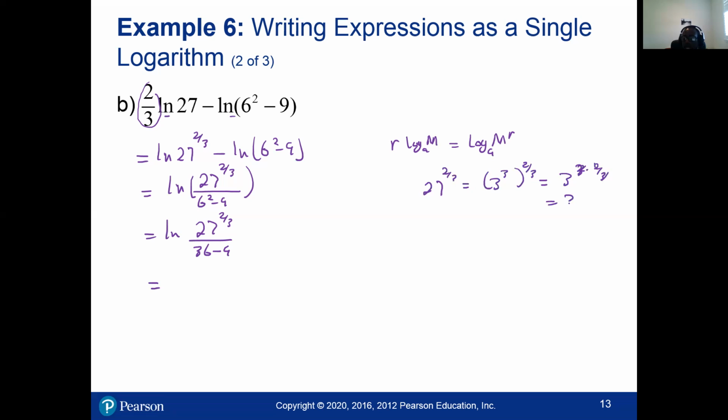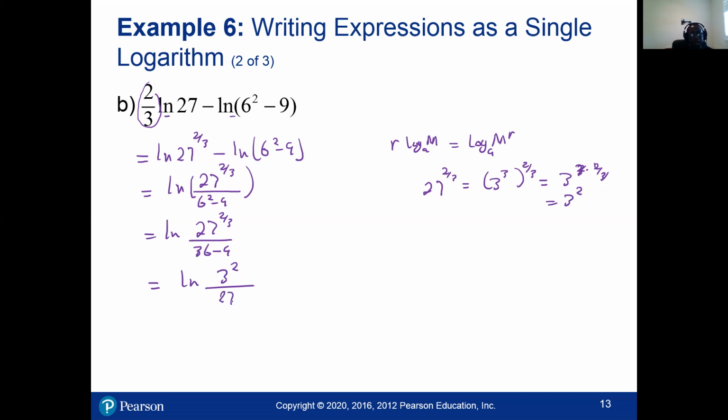So you get 3 squared. Okay, so the numerator there is natural log of 3 squared divided by 36 minus 9. What is that? 36 minus 9 is 27.